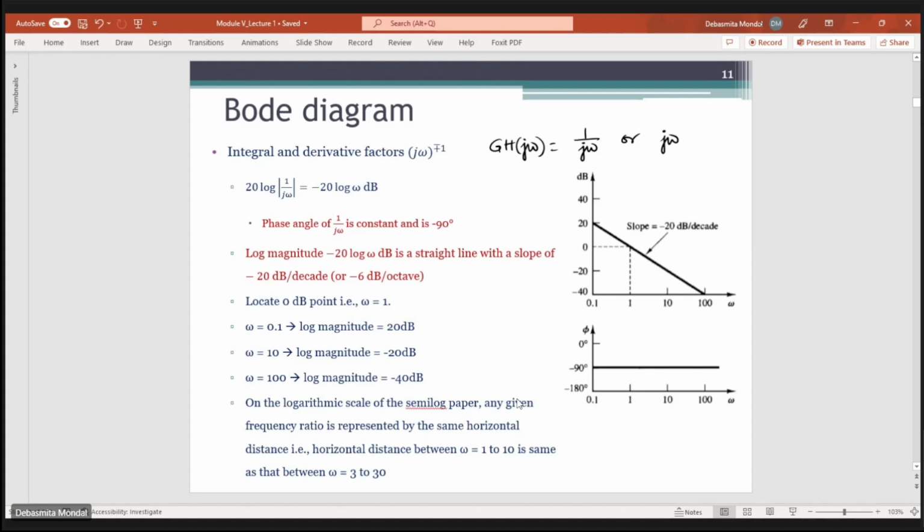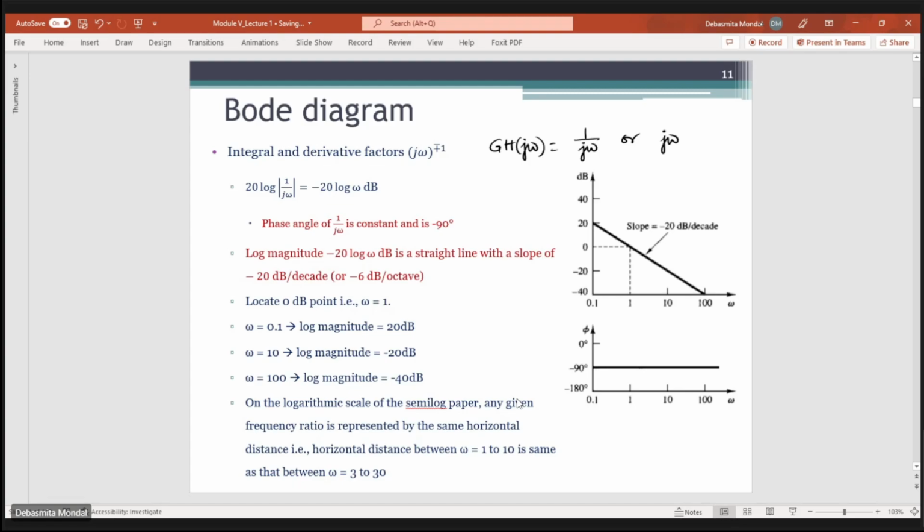So why are we saying this 20 dB? Whenever you are plotting the magnitude plot of a transfer function, you have to locate the 0 dB point. The 0 dB point means the point at which the log magnitude curve is crossing the 0 dB line. The 0 dB line is nothing but the frequency axis, the x-axis, right?